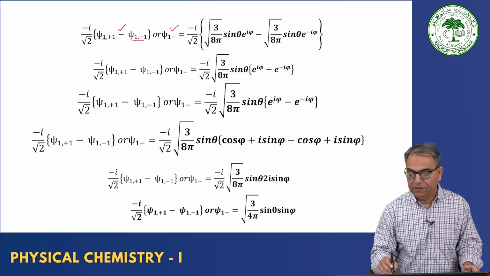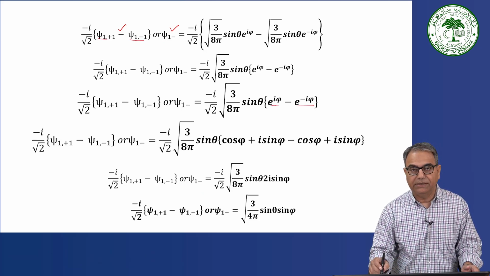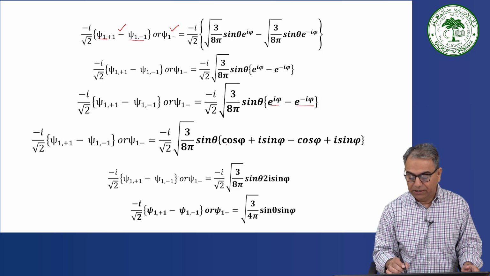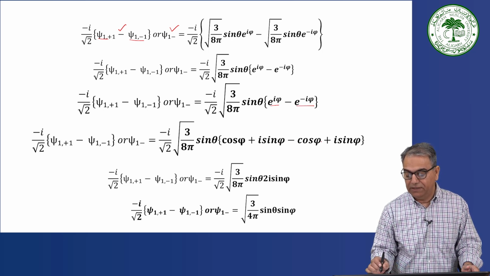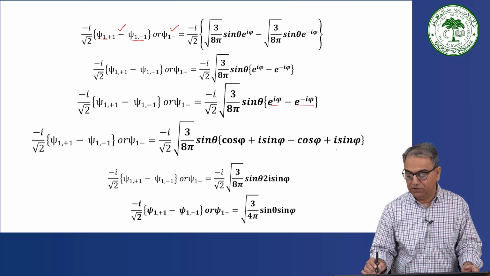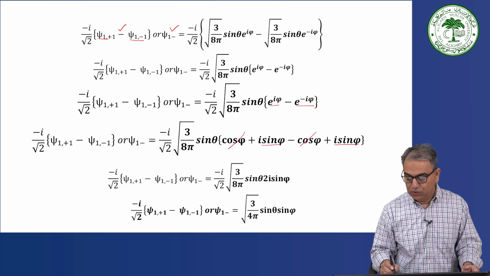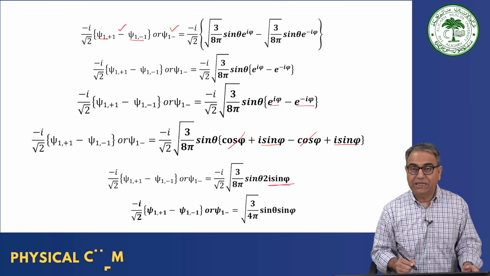You have e to the power i phi minus e to the power minus i phi, so you have cos phi plus i sin phi minus cos phi plus i sin phi. Because it is a negative combination, these two will remain and this will go. So you will have 2i sin phi.